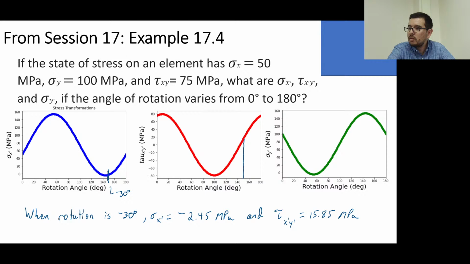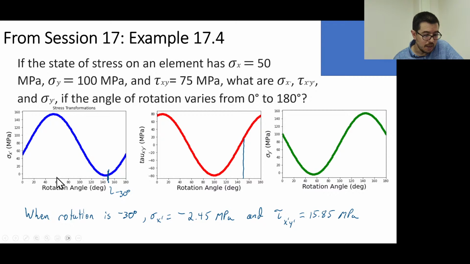And look at this, even here. This is around 60 degrees for this particular problem. You see, this is 0 right there. Maybe it's a little less than 0, whatever.